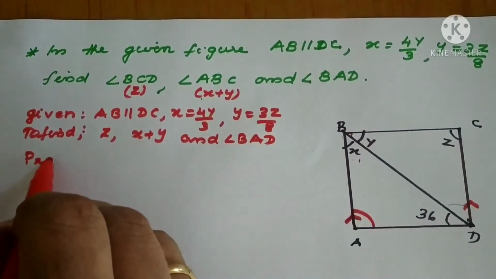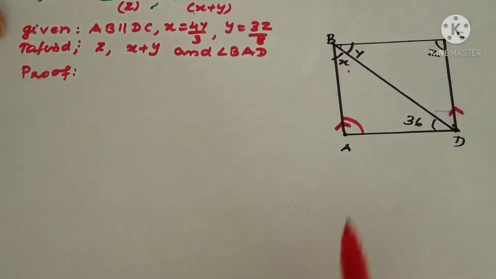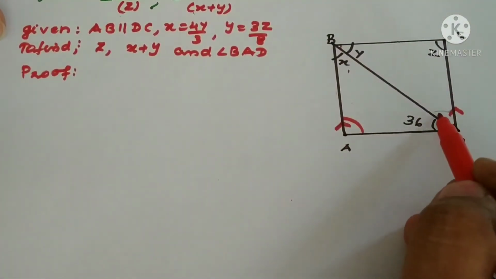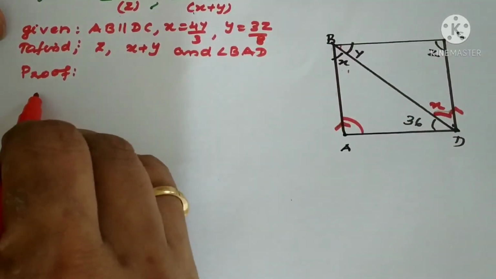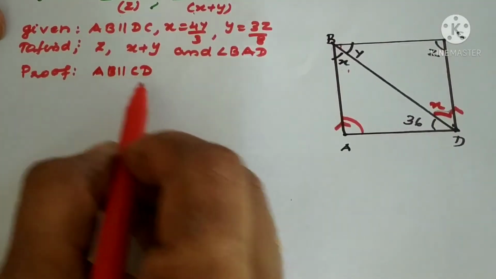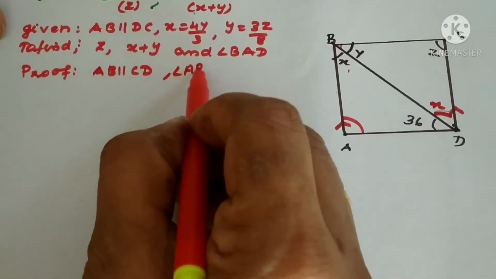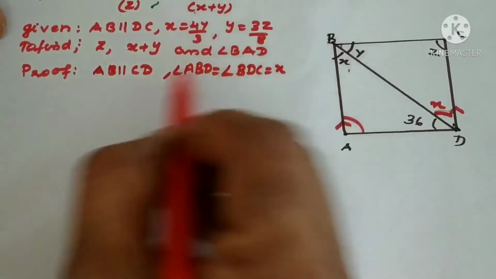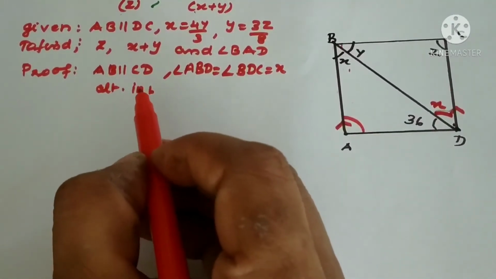Proof: AB parallel to CD. So angle X is here, and this is also X, right? That is the alternate interior angles. So we write AB parallel to CD, angle ABD equals angle BDC equals X, alternate interior angles.